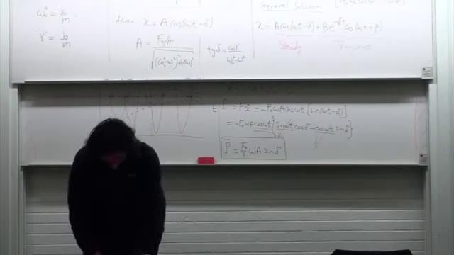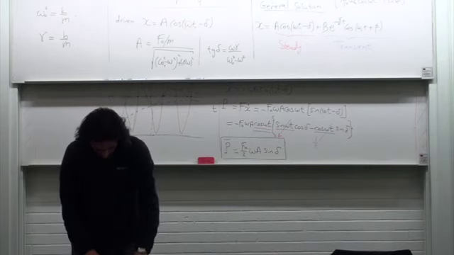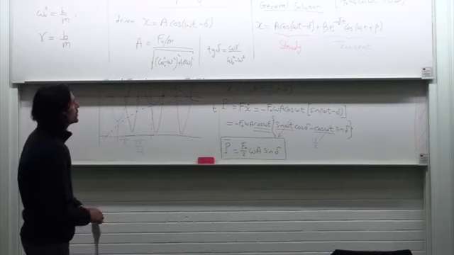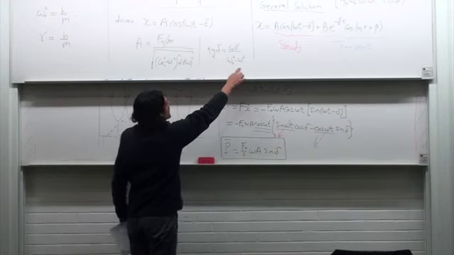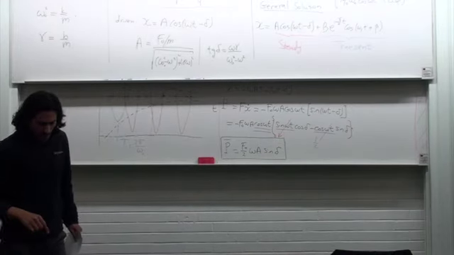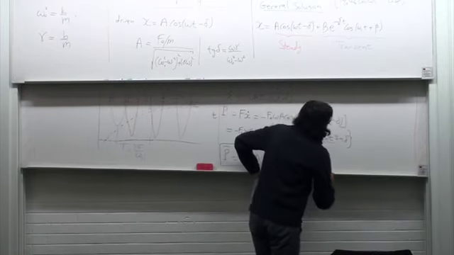Do we know delta? We want to find sine delta. We know tangent delta, right? Here. See that? We know tangent delta, and we want to know sine delta, and that is easy to find.